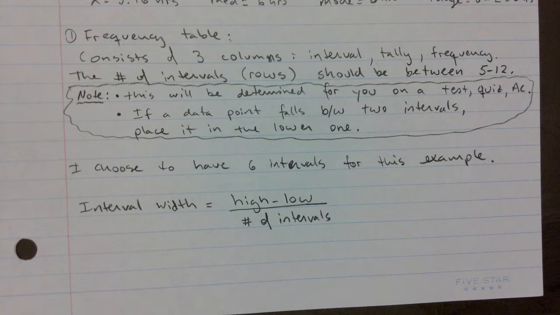If I wanted 10 intervals, you would have a more detailed graph. We want to go anywhere between 5 and 12 columns to have a pretty good representation of what the data is trying to tell us.